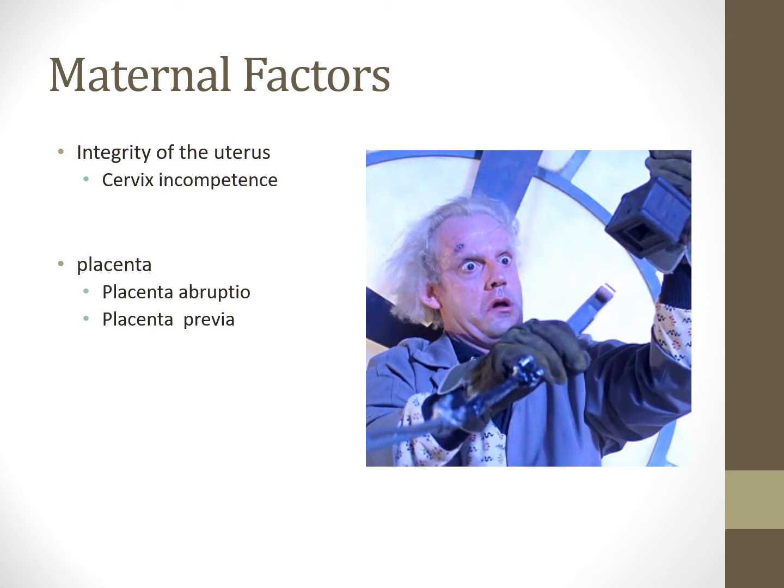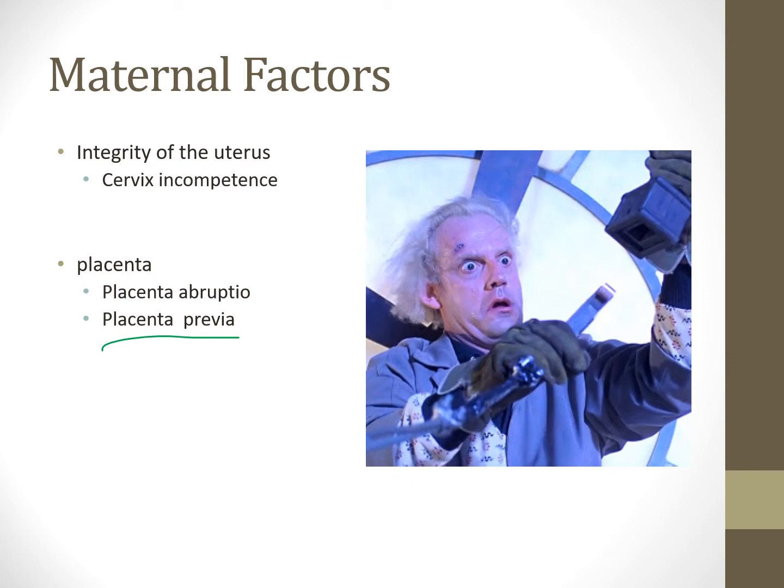So placenta previa is actually one of the indications for a C-section, just like an abrupted placenta. Now, a complete abruption of the placenta would also be an indication for a crash C-section. All right, so placenta previa, it's not an indication for a crash C-section, but it's an indication for a C-section if the baby cannot be delivered through the birth canal because the placenta is pretty much covering it.